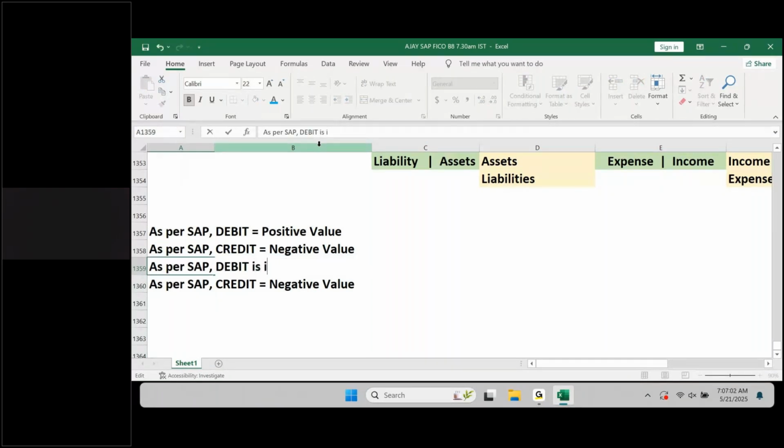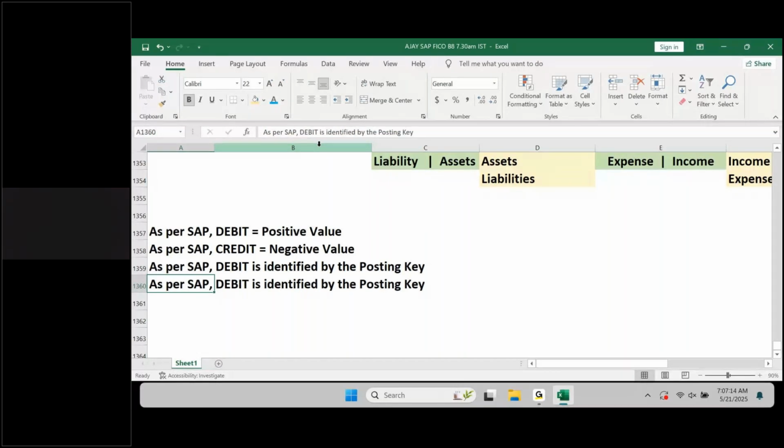Debit is identified by the posting key. Is this also correct? Yes. Debit is identified by the posting key.